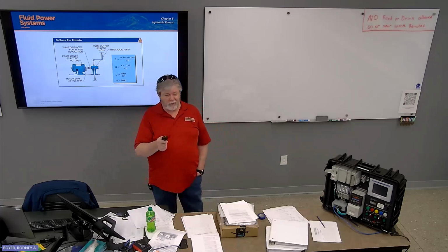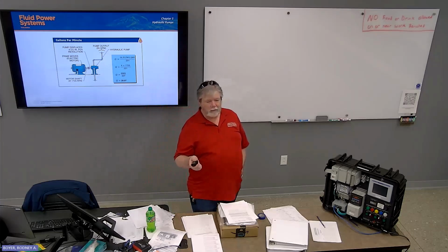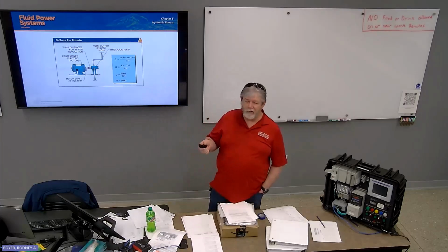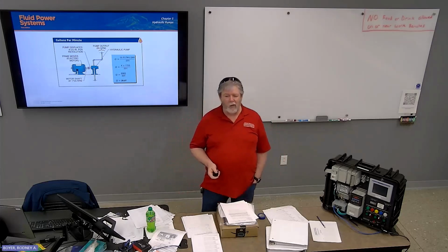Okay, so here's a question. Those of you that have had me, or Landon, or anybody else for that matter, those of you that had basic electricity and or motors and controls, how many pole motor is that? It's running 1720 RPM.